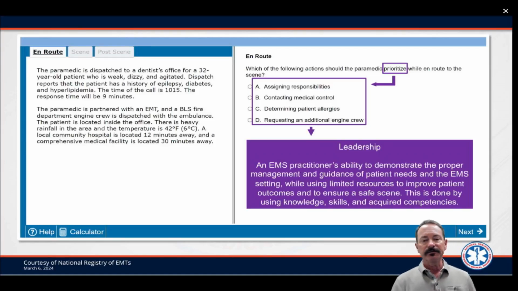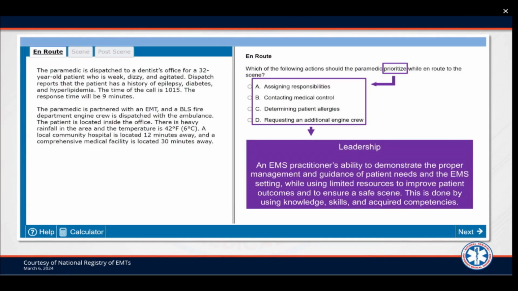All right, so they're trying to look at leadership. All of these answers have to do with your leadership of how you're already thinking about what you're going to do when you get to the scene. Okay? So it literally says leadership.